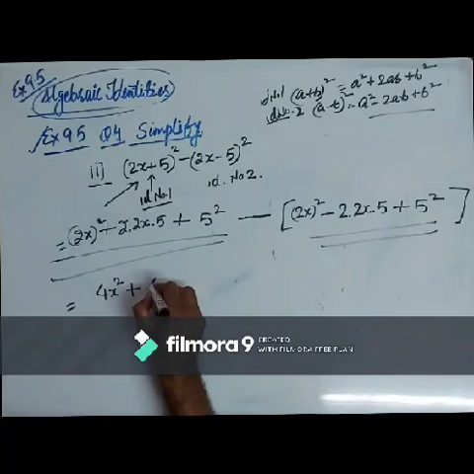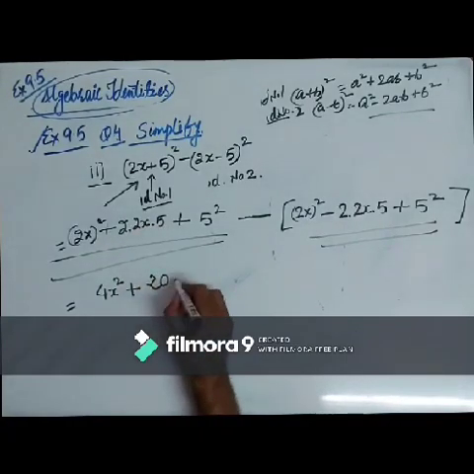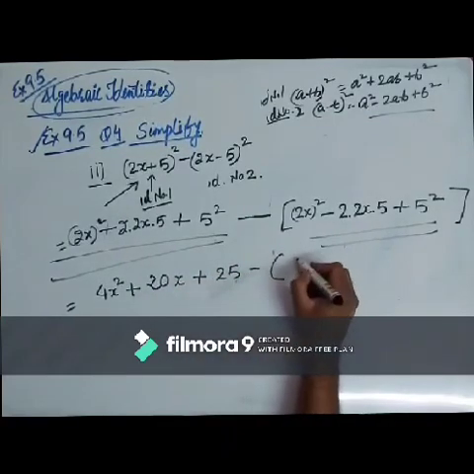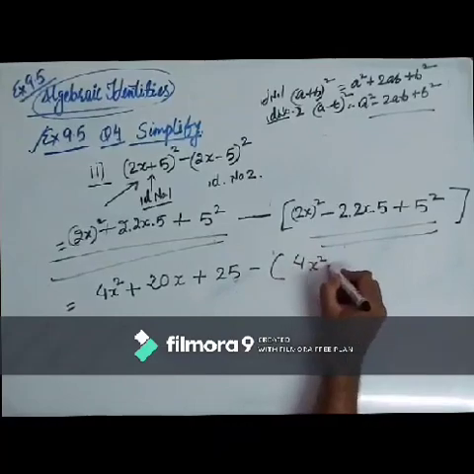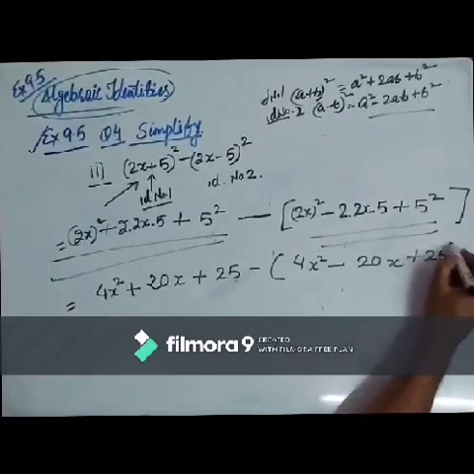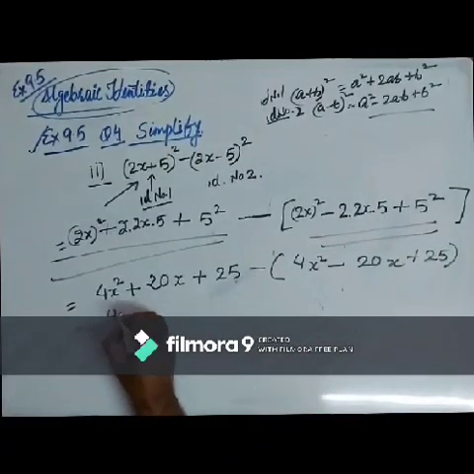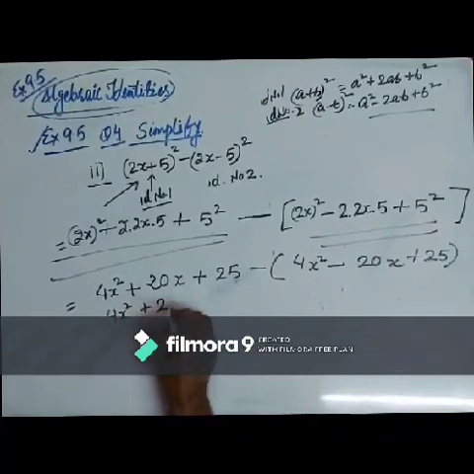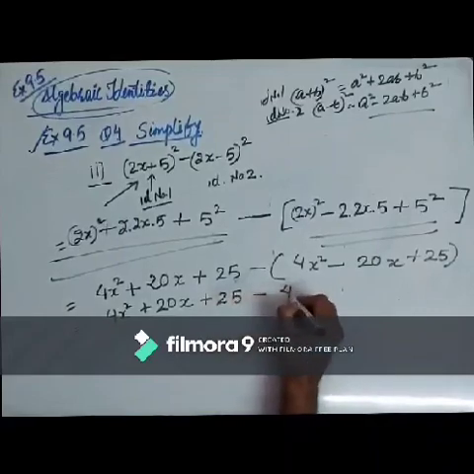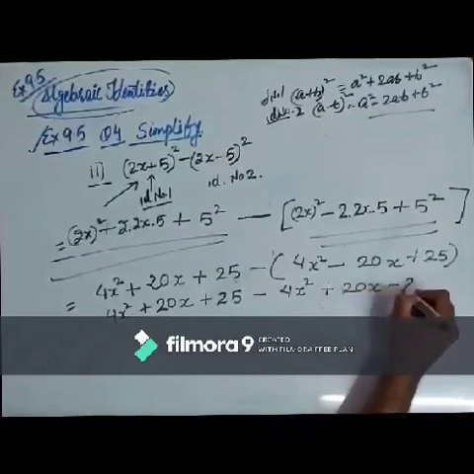So this will give you 4x square plus 4 into 5 is 20 x plus 25, negative sign, bracket start, 4x square minus 20x plus 25, bracket close. So open this bracket, you will be getting 4x square plus 20x plus 25, negative sign 4x square, positive sign 20x, negative sign 25.